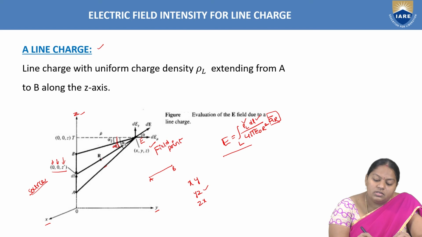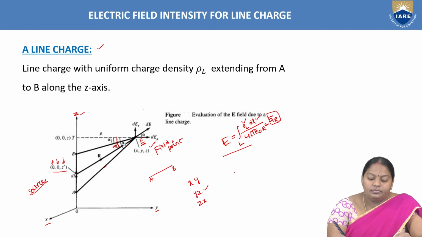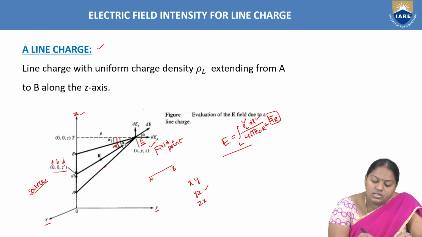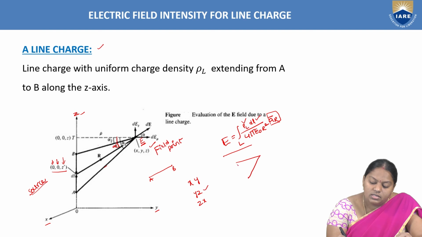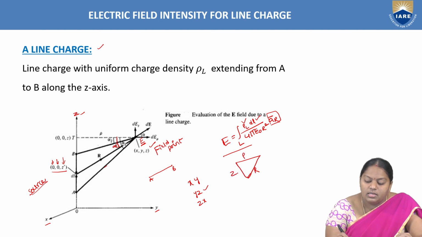So this distance is given by R, and here the distance is z dash, which varies from z to z dash, and from this point to the field point E we consider the distance as rho. So this is the triangle which we have considered, with R, rho, and z minus z dash.